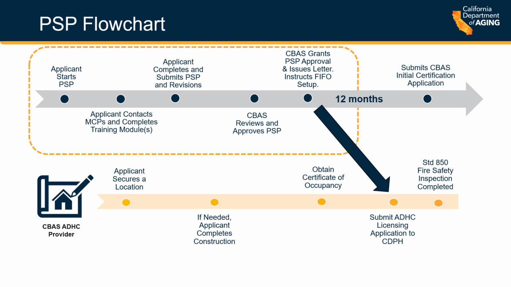We will focus on the area inside the orange dotted line. Here, the applicants start their PSP. Before or during the PSP, you will contact the MCPs and complete any required CBAS CDA training modules. Meanwhile, the bottom line shows how you are working to secure a location, complete any required construction, and obtain your certificate of occupancy.